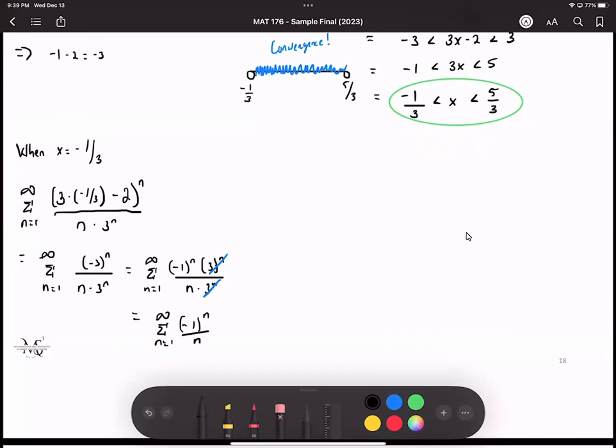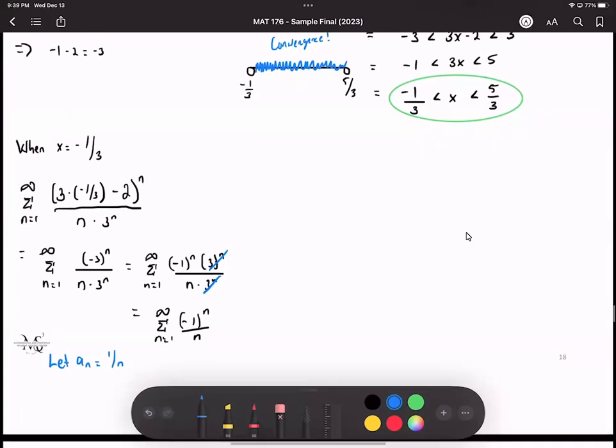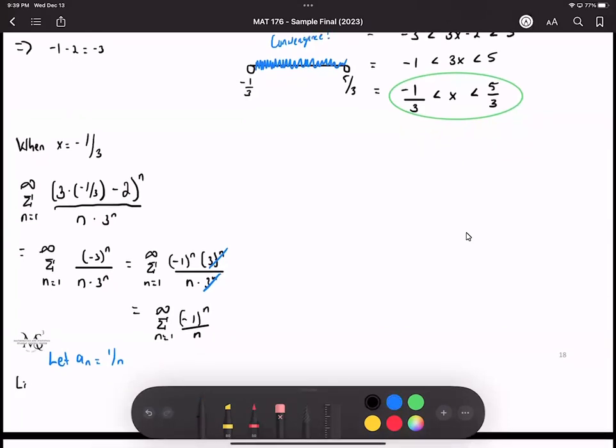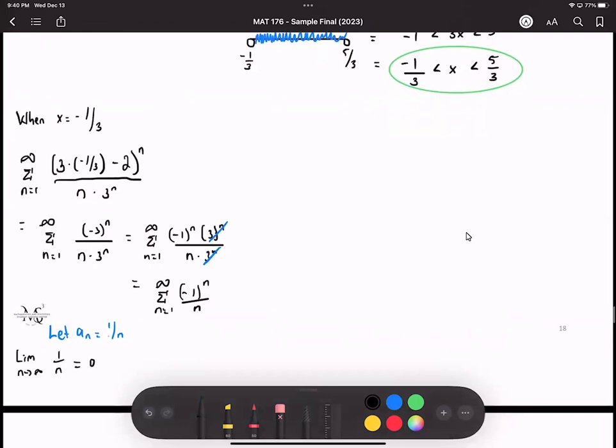Alternating series. There you go, Preston. We'll use the alternating series. So the first thing is you will label your a_n. So you'll say let a_n here be 1 over n. Now, if you compute the limit as n goes to infinity of 1 over n, that limit is 0. And if you look at the sequential terms, it is decreasing, right?